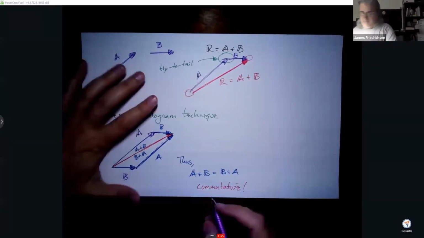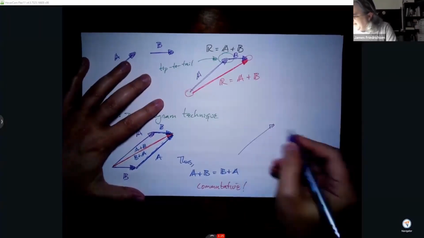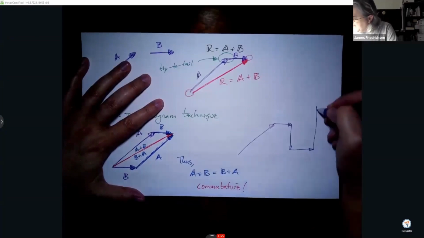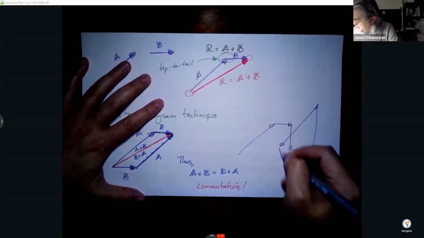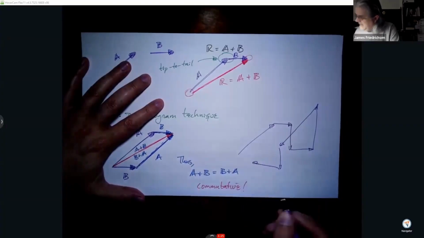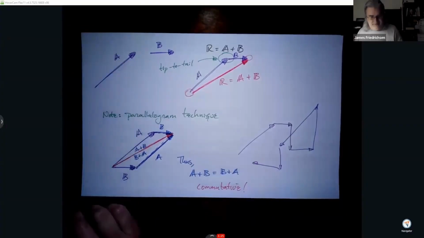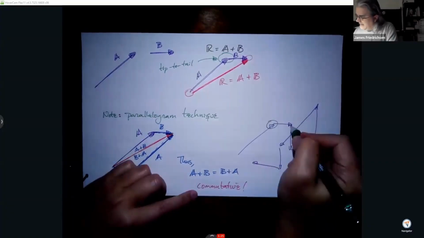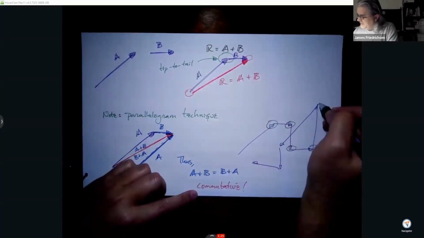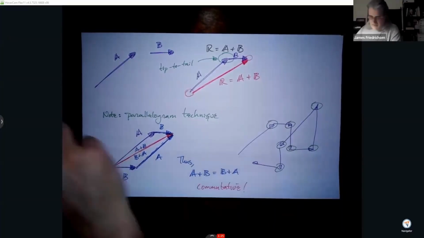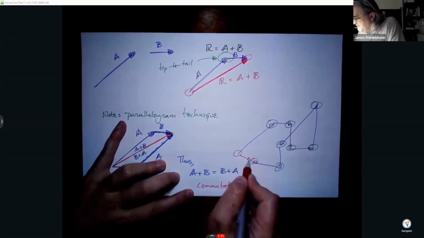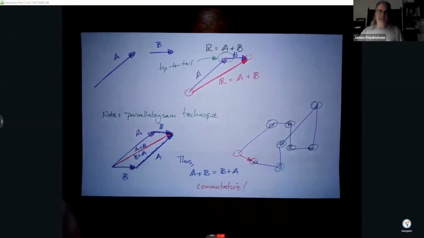I mean, we could picture that we're going to do vector A, and then B, and then C, and then D, and then E, and then F, and then G, and then H. And I want to go, what's my resultant? And since these are all aligned tip to tail, the resultant goes from where we started to where we ended. And there it is.